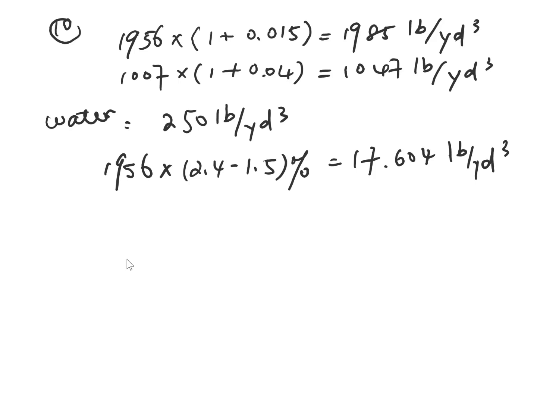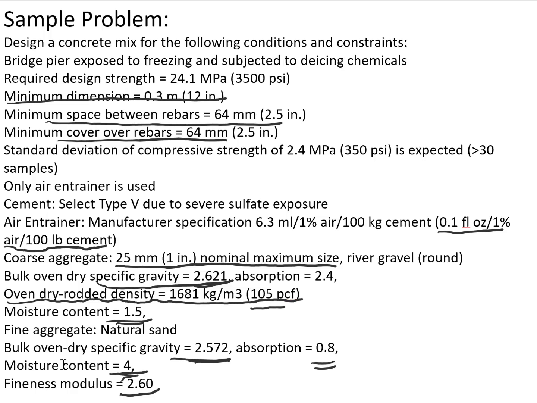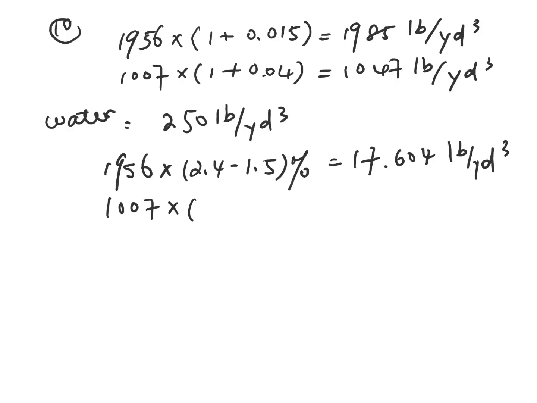So the dry weight of fine aggregate is 1007 times the difference between the absorption and moisture content, 4 minus 0.8, divided by 100%.